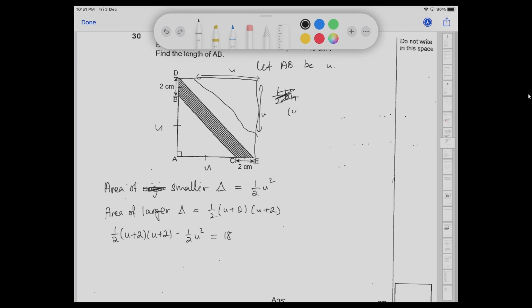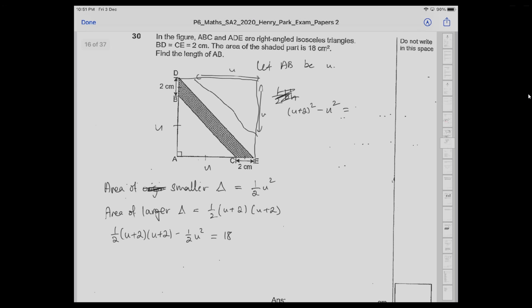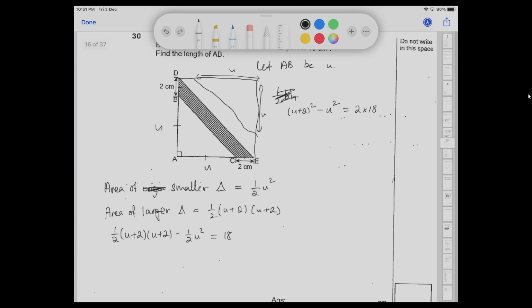So we have (U plus 2) squared minus U squared equals 2 times 18. And oh dear, okay, this also needs secondary school level techniques to solve. I'm not really sure how to solve this if you only have access to primary school level techniques.